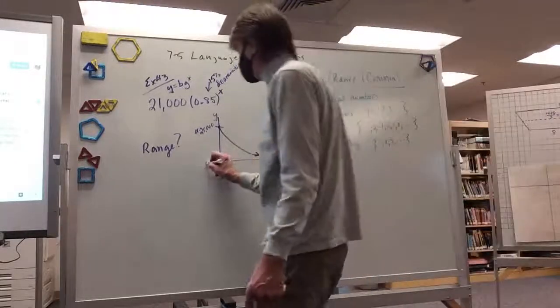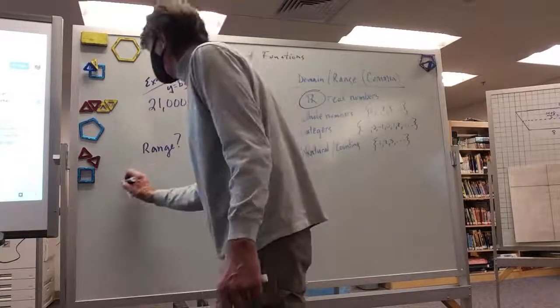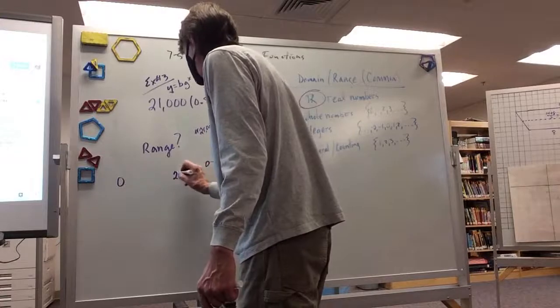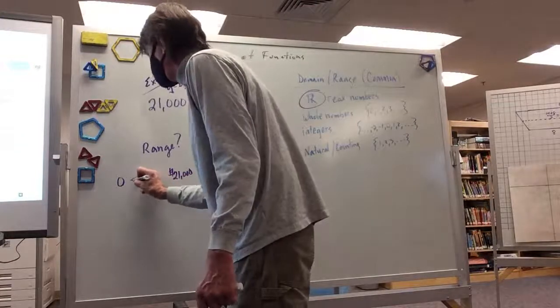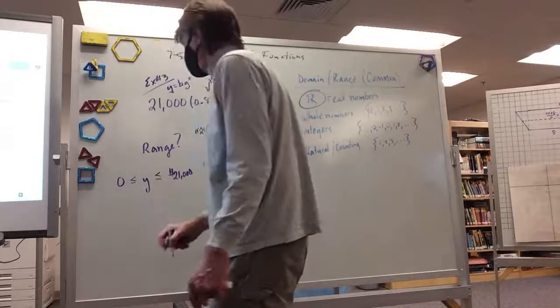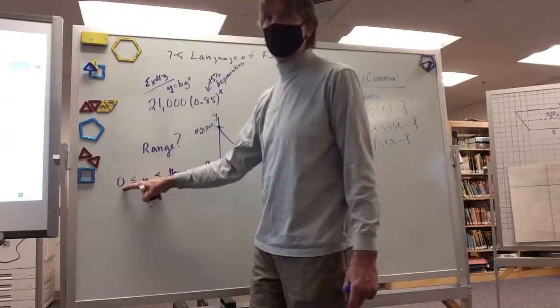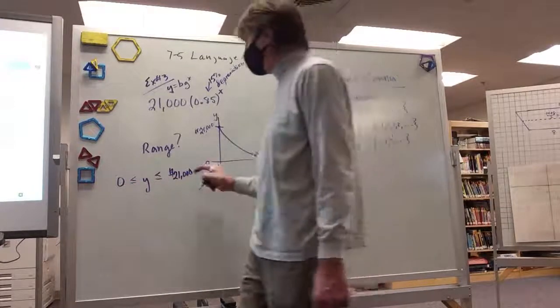If this is zero and that's 21,000, the range gets written like this. It goes from 0 to $21,000. The value of the car is going to be more than or equal to 0, and it's going to be less than or equal to 21,000. That's how you write the range.